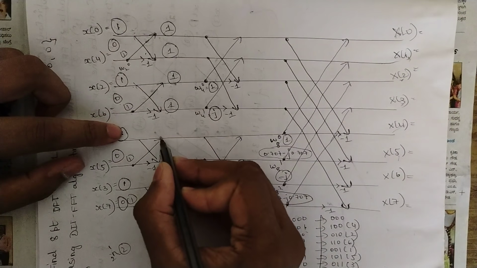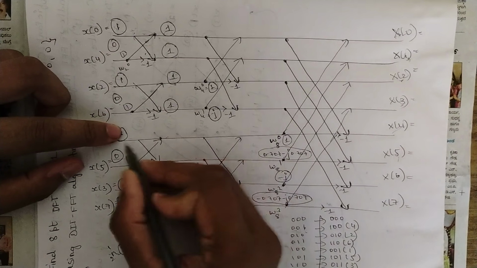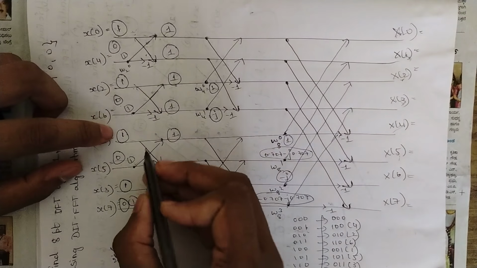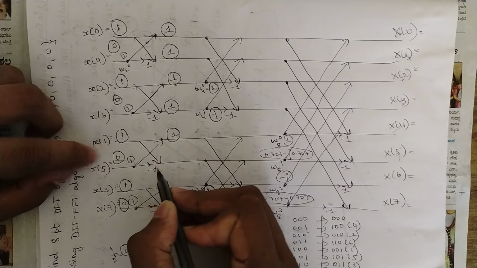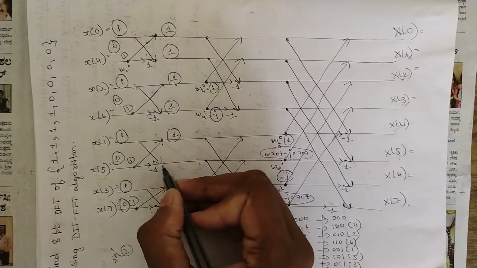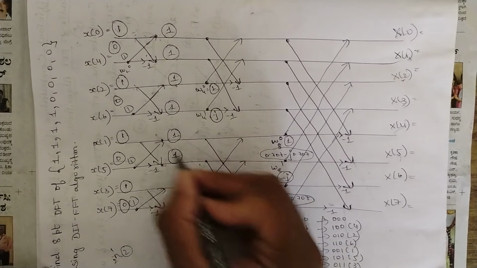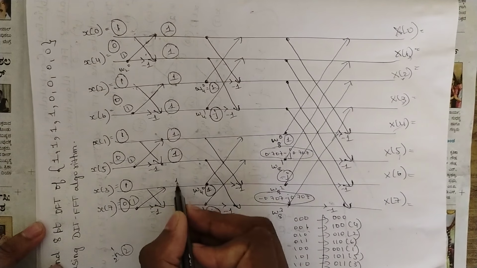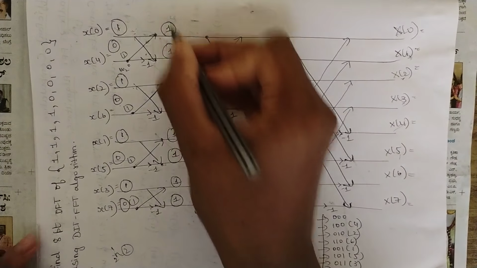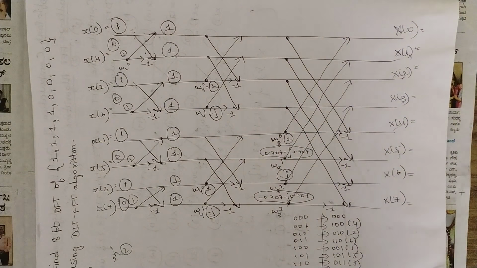Then this 1 here, this 0 here, so 1 plus 0 is 1 again. 0 into minus 1 is 0, plus this 1 is meeting here, so again 1. Similarly this is also 1 and 1. So here in the first stage we got all the answers as 1.